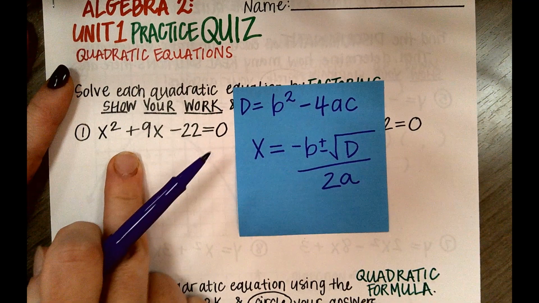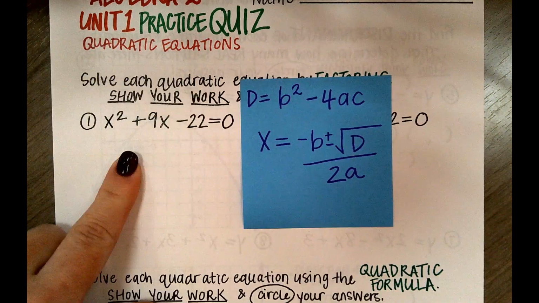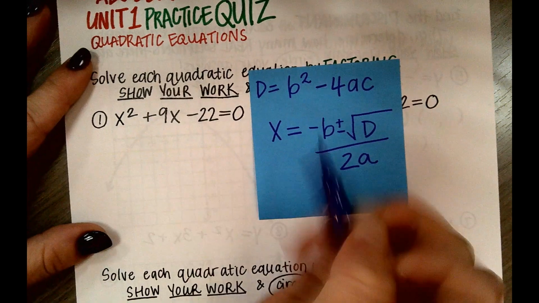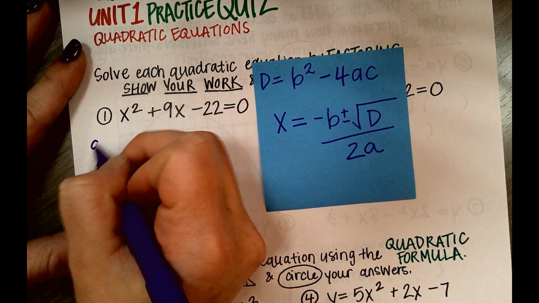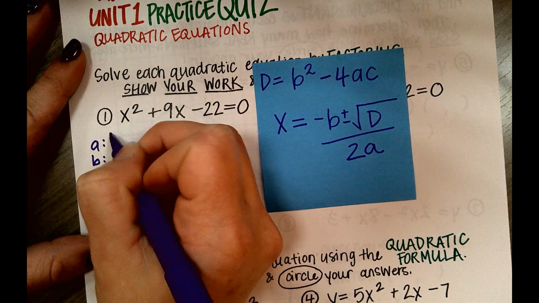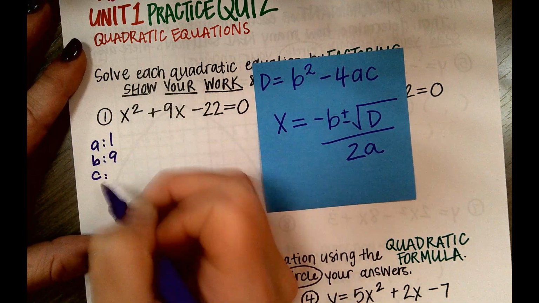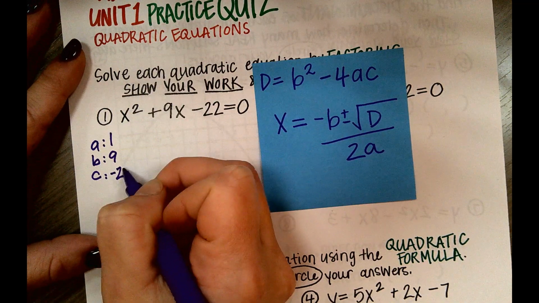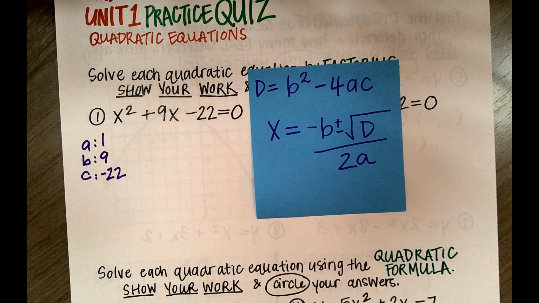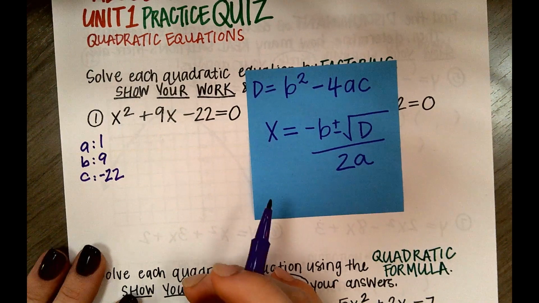So for number 1, let's solve this one with the quadratic formula first. What are my values for a, b, and c? 1, 9. Yes, 1, 9, negative 22. Yes, don't forget the negatives. Very important.